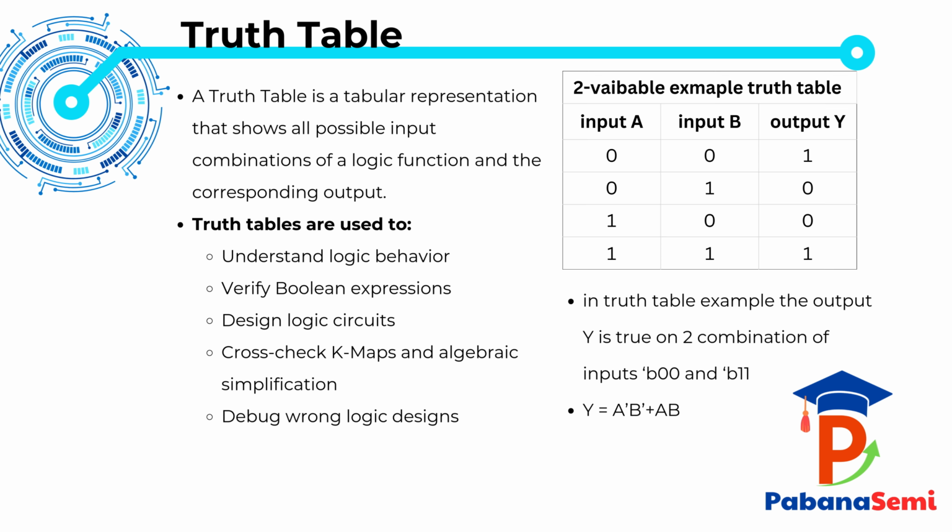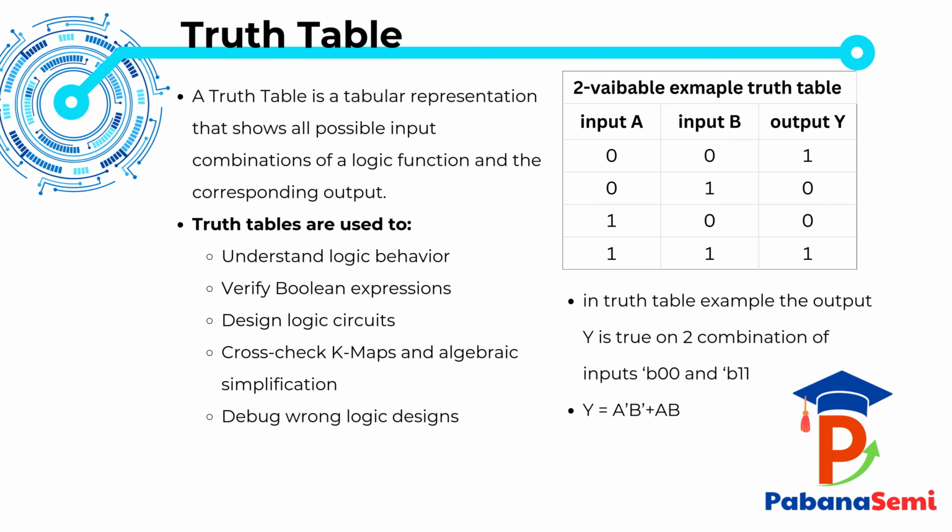Two-variable truth table example. Now take a look at the example shown on the right. We have two inputs, A and B, and one output, Y. Since there are two variables, the number of possible input combinations is 2 squared equals 4 combinations. Let's proceed row by row.